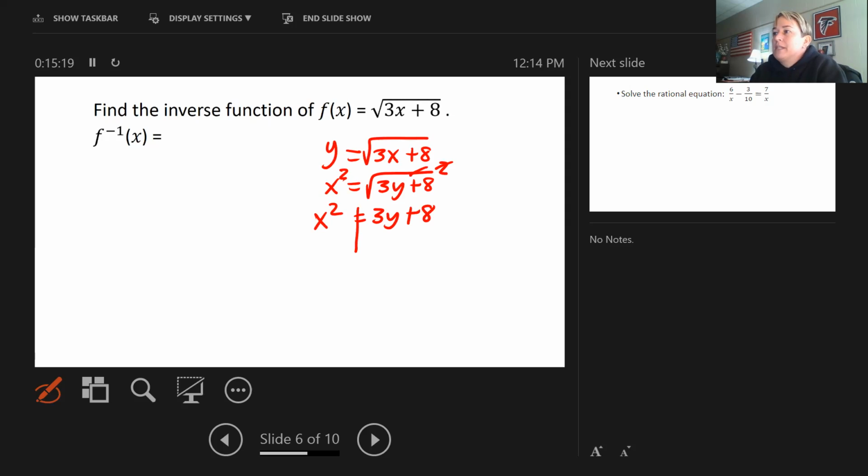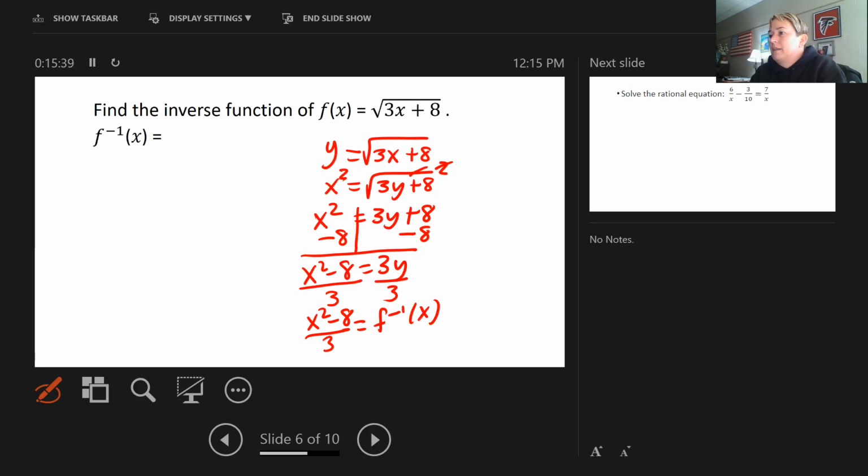And then what I have to do is get my y by itself, so I subtract 8, and I get x squared minus 8 equals 3y, and then I divide everything by 3. So I get x squared minus 8 over 3 equals f inverse of x.